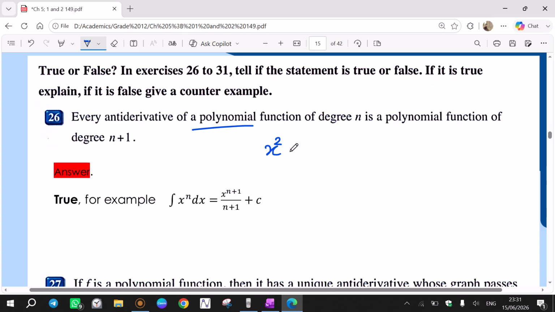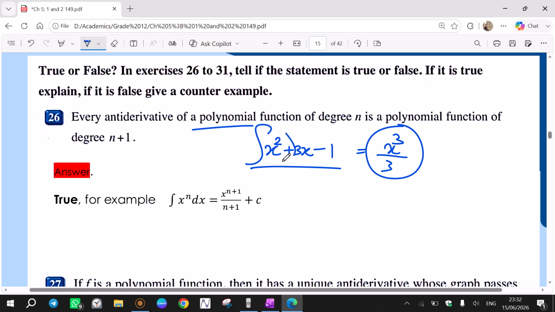Something simple like x power 2 plus 3x minus 1. This is polynomial. If I do integral of this polynomial, which is power 2, the result will be another polynomial, which is power 3, and only the highest power matters.